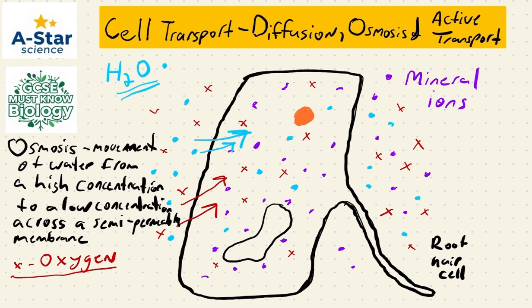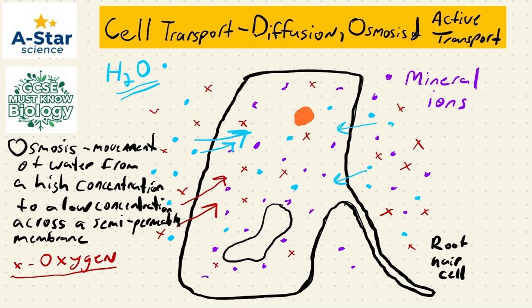So that's going to move into the cell from a high concentration, where it is on the outside, into the cell to a low concentration across a semi-permeable membrane. Osmosis and diffusion are very similar, except that one is with particles of gas, for example, and the other is with water molecules.